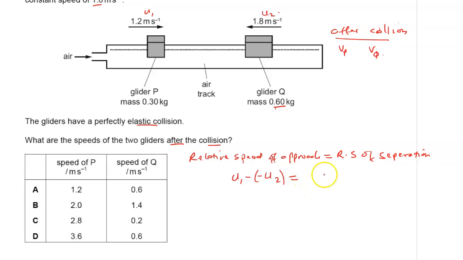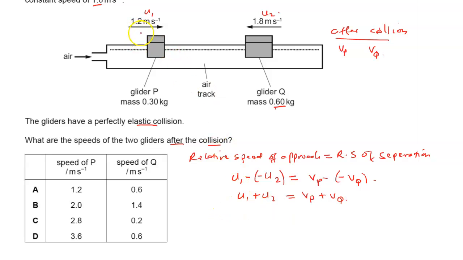This should be equal to the relative speed of separation, VP minus VQ, because they are moving in opposite directions. So U1 plus U2 equals VP plus VQ.